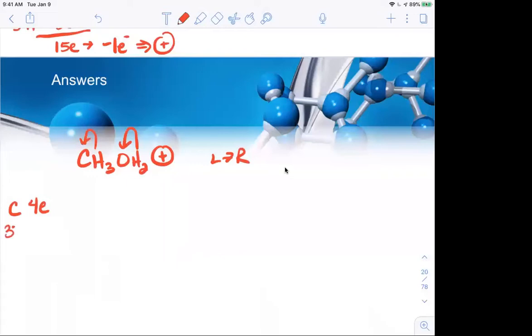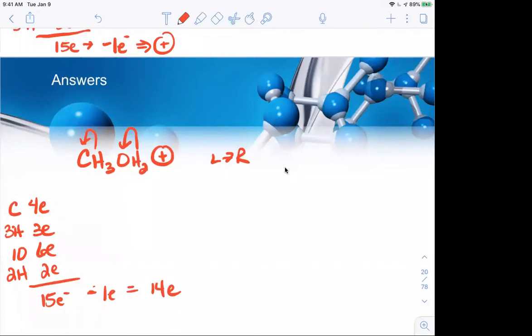I have 3 hydrogens, which gives me another 3 electrons. I have 1 oxygen, which gives me 6 electrons. I have 2 hydrogens, which gives me 2 electrons. 7, 8, 9, 15 electrons. I need to remove 1 electron, so I have 14 electrons total to play with.